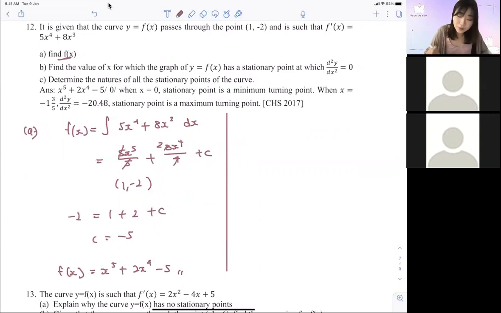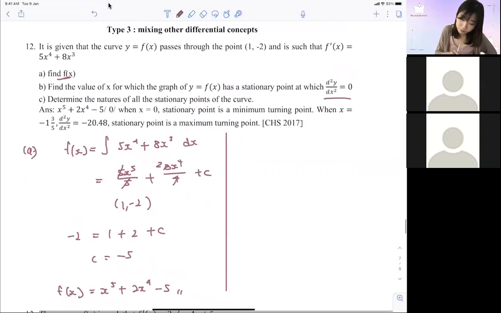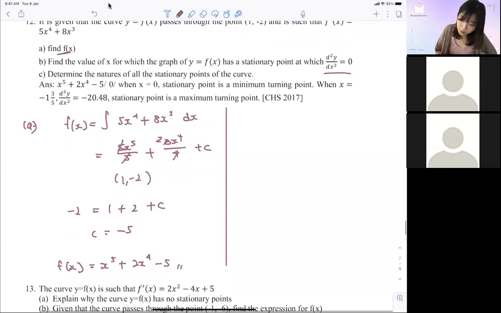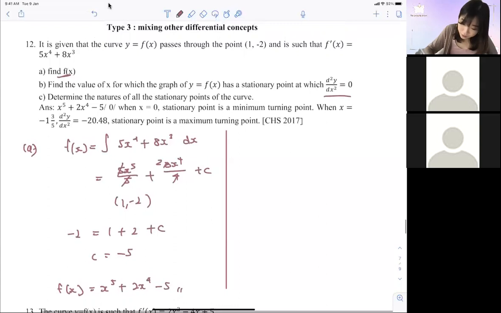Now I want to find the value for which d square y dx square equals 0. Wait, for stationary point is dy dx equals 0, right? Yes, correct. Stationary point is dy over dx equals 0. So now I want d square y over dx square to equal 0.